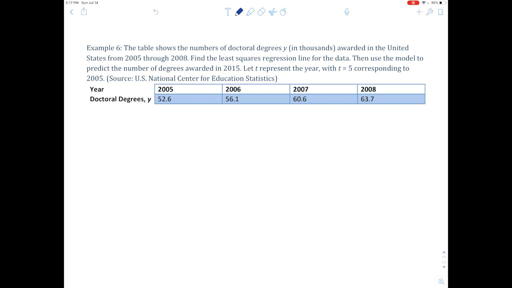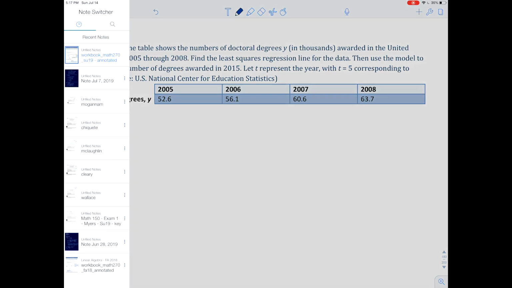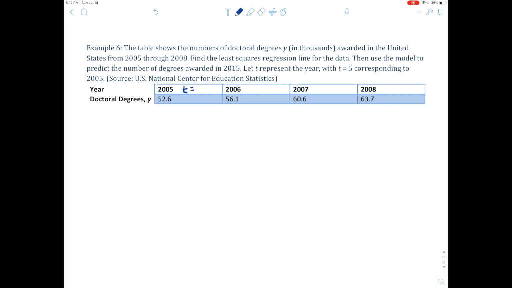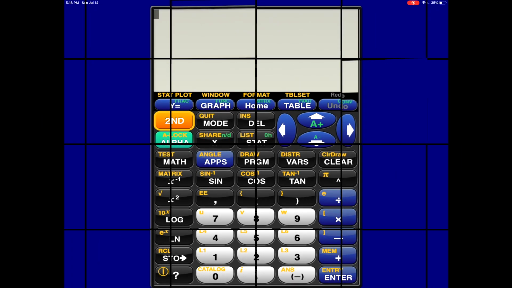So here we go. This would mean that T is 5, T is 6, T is 7, and T is 8. All right? So let's take a look and make sure we've got a linear trend.